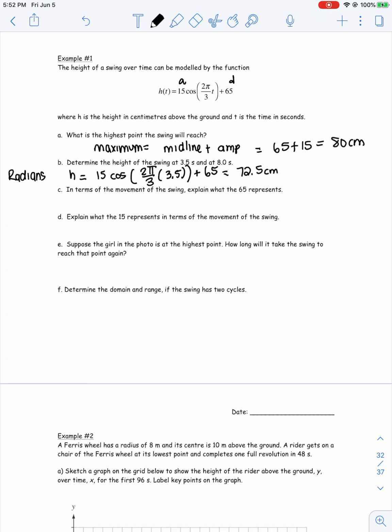Now you're going to repeat that, and instead of t being 3.5, you're going to put then 8.0 into that spot of t, and you should solve that the answer is 57.5 centimeters.